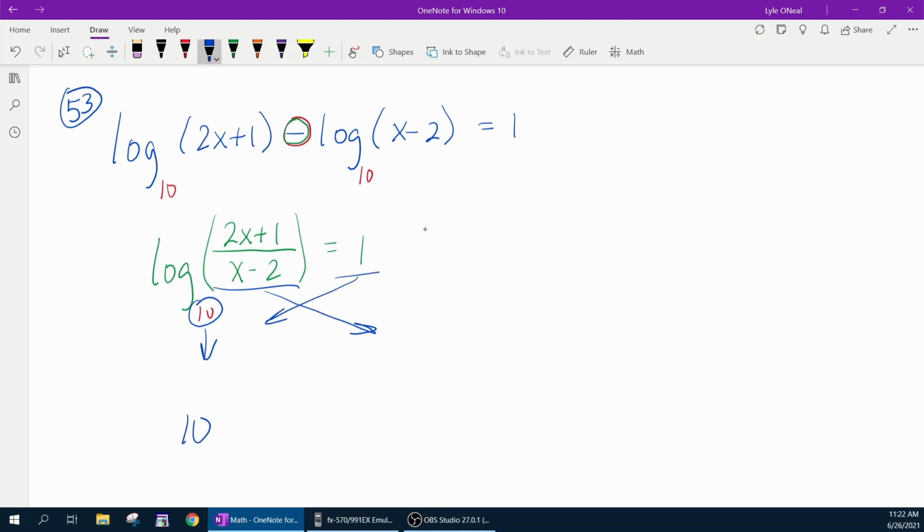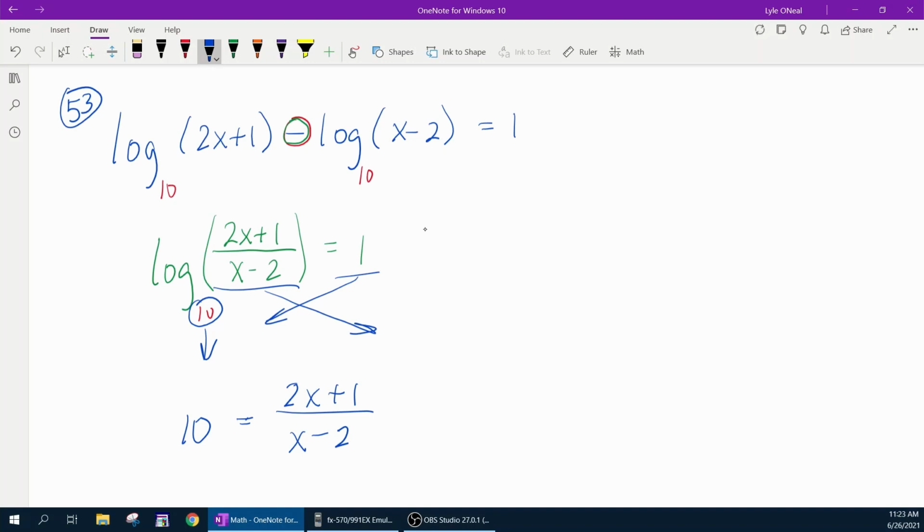And how does that work again? That says bring the base down, switch the other two around. And so that's going to give us 10 to the first power, but obviously anything to the first power is itself, so 10 to the 1 is 10, and that's going to equal the rational expression, 2x plus 1 over x minus 2.